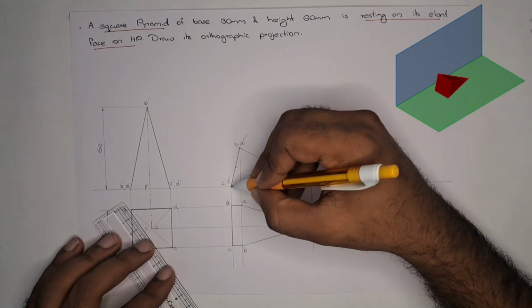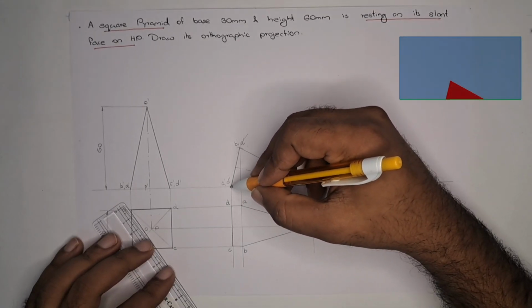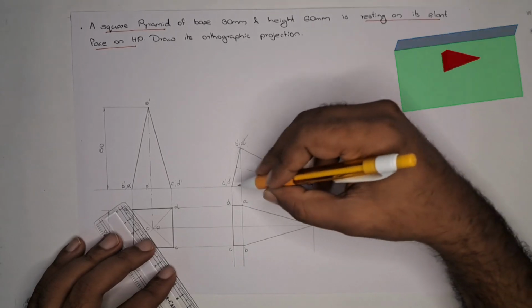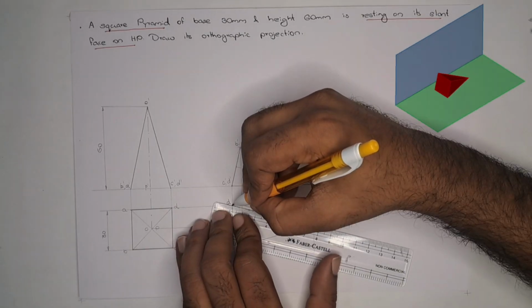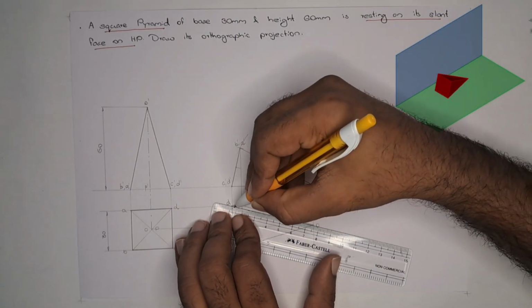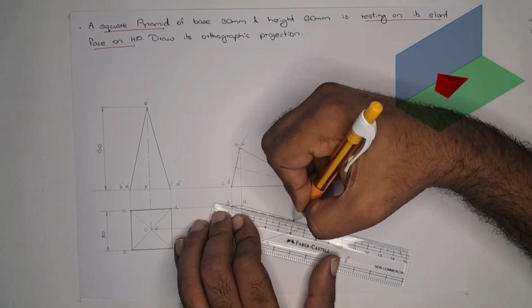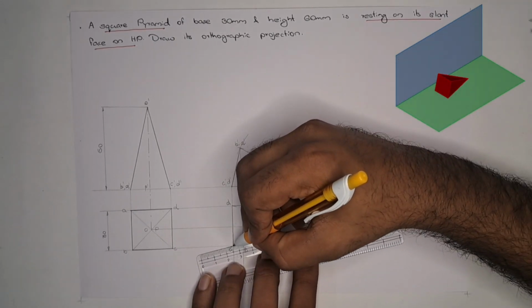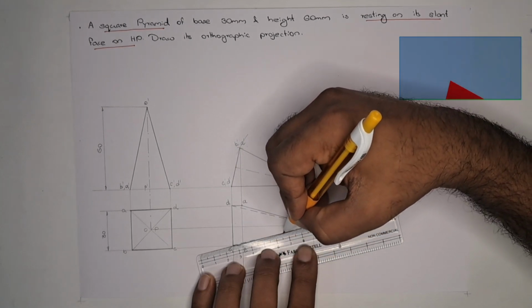So here this is the line which is near the XY. So C D O will be hidden, and C O is also hidden.